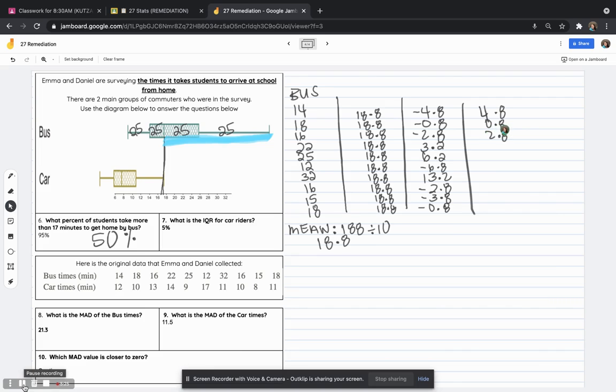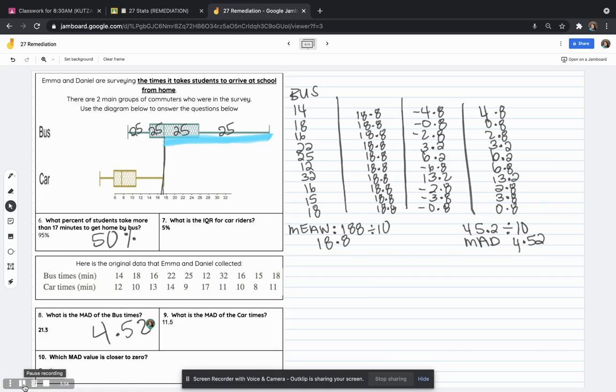So I'm going to add all these up and divide by 10. Right, when you add all those up, you get 45.2. And then you divide by 10, and that gives you a MAD value of 4.52. So number 8 should be 4.52.